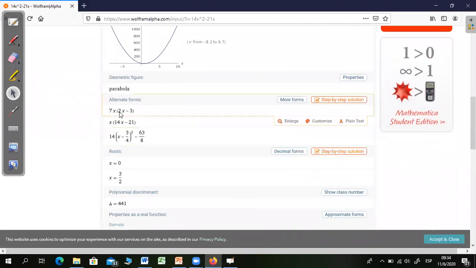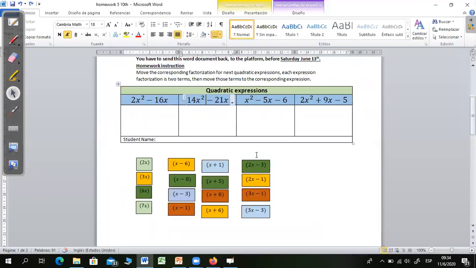As you can see, here is the factorization, so you can probably find that factorization in the homework. And if one of these is repeated, you should copy and paste, but I think it's not the case here. But if that happens, just copy and paste.